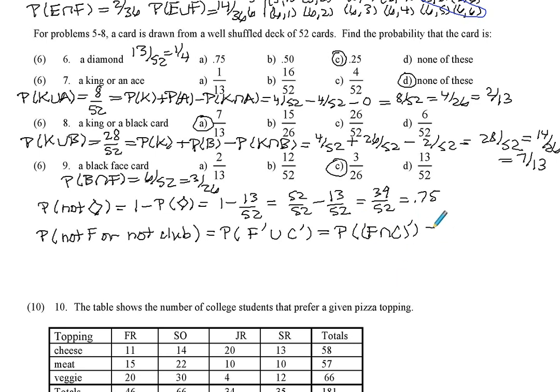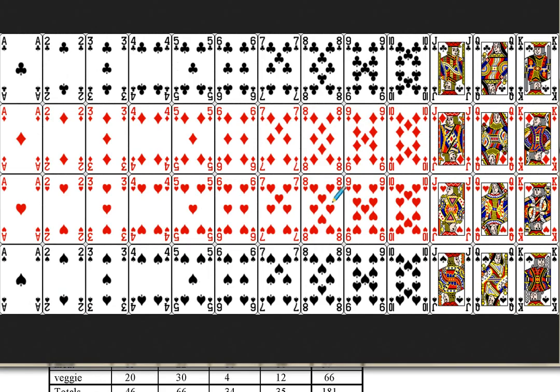And the probability of the complement is 1 minus the probability of the set F intersect C. And this is a little bit easier to count because this is 1 minus the probability that it's a face card and a club. Face cards and clubs, that's not bad to count here. So here's the face cards.